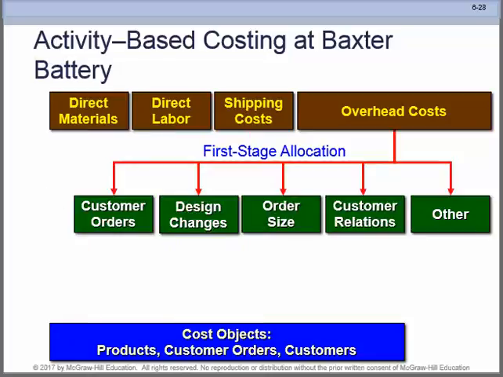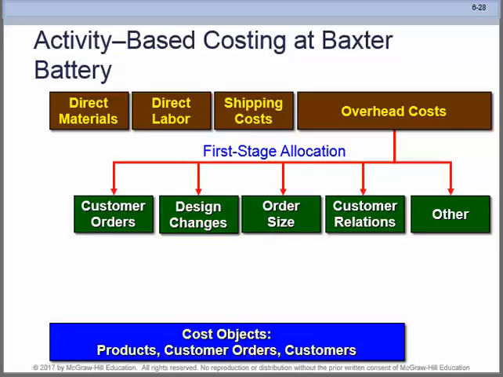So here we go. Overhead costs are now split into 5 different pools at a first stage allocation. We've got the 3 easily economically traceable items: direct materials, labor, shipping, and then overhead. We split it out so that we can assign it correctly.